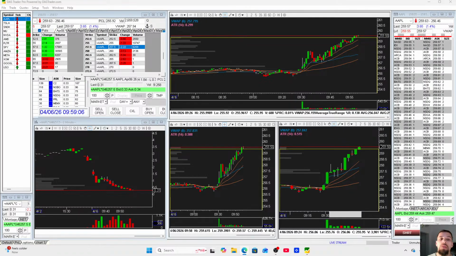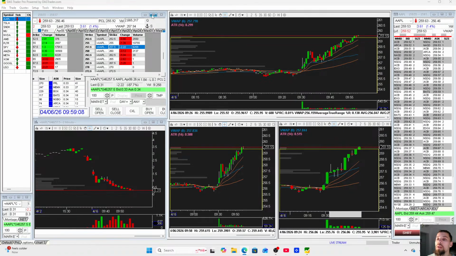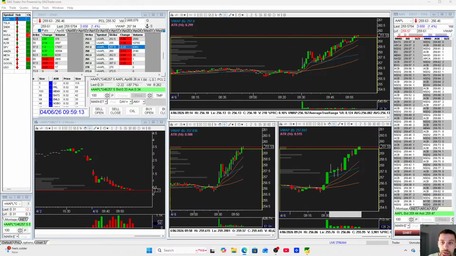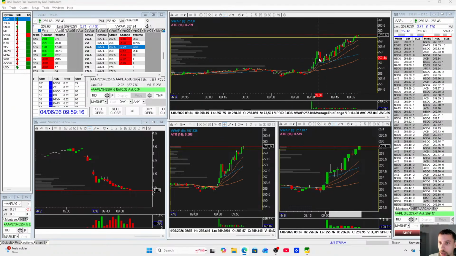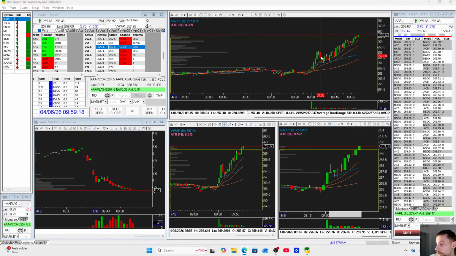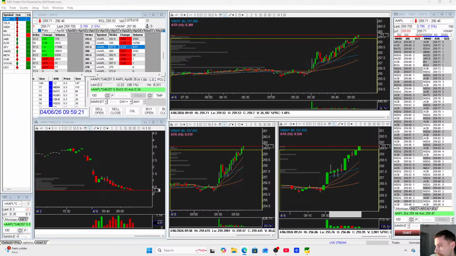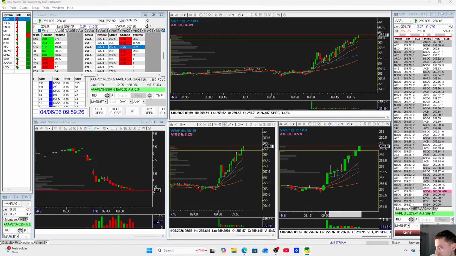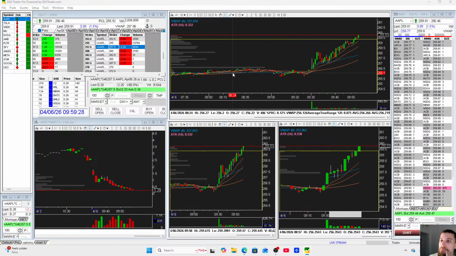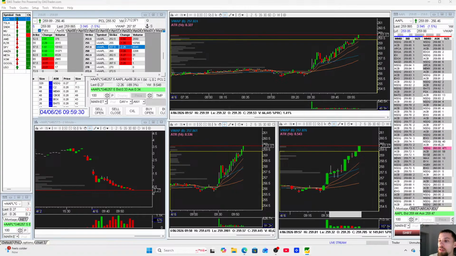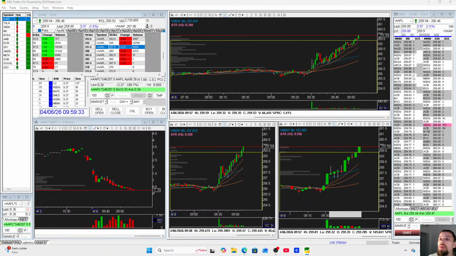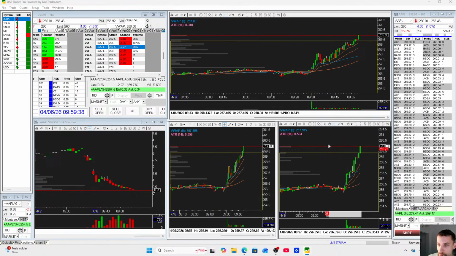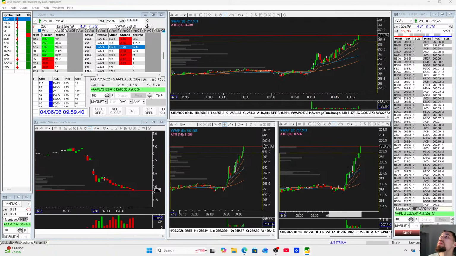Apple has a really nice order at $260. Good size order at $260. Let's see if Apple can get there. Looks like it wants to. You can see it right there on the level 2, this pink one looking to get filled, $260. Boom, that got filled.